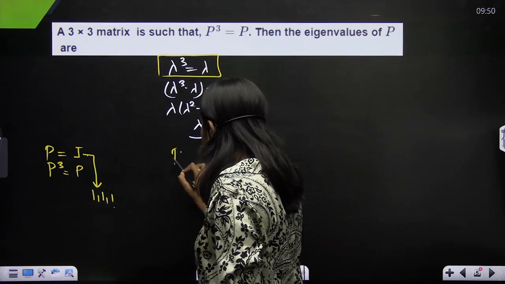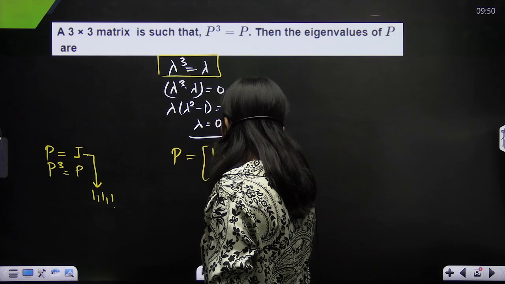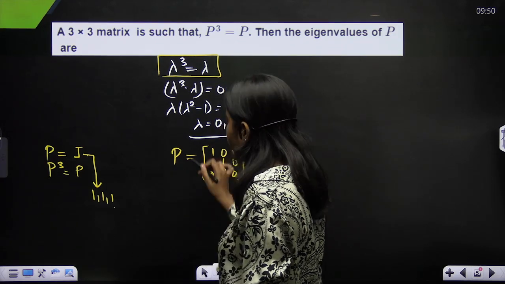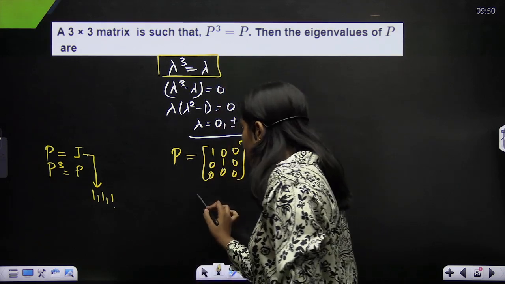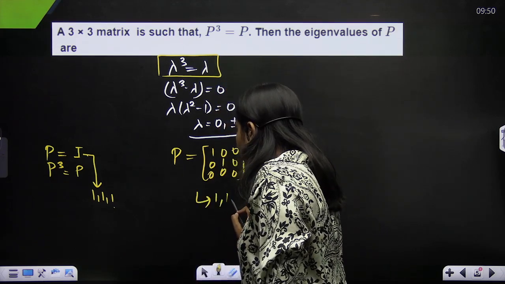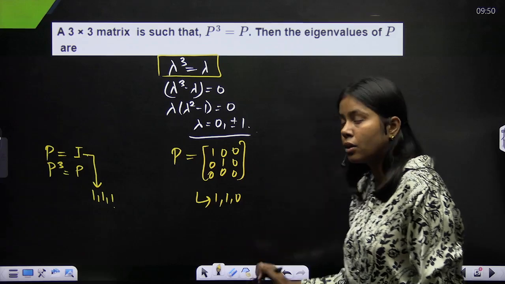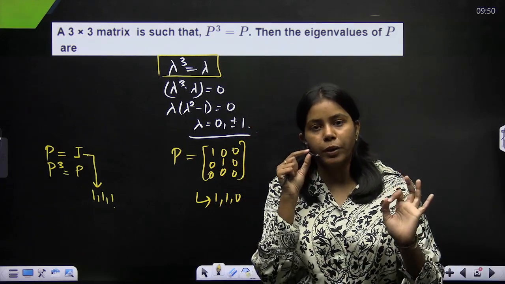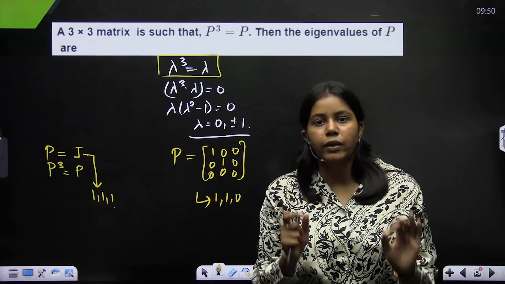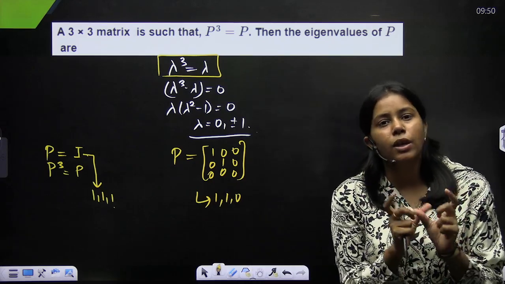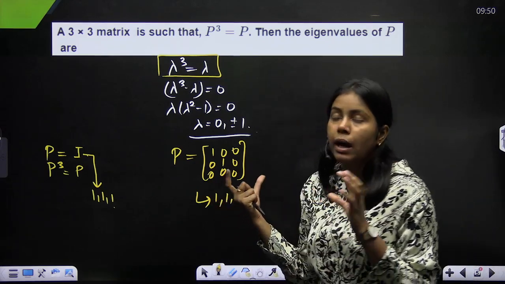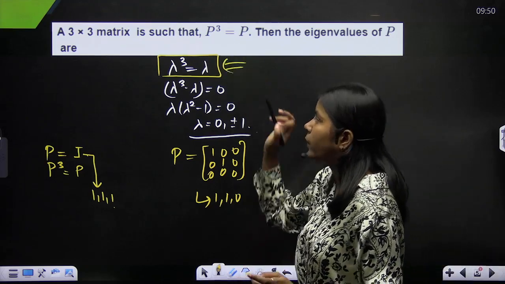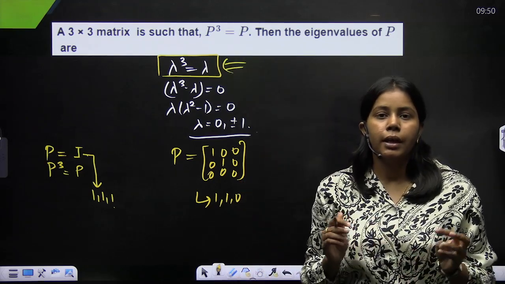Instead, if you take this matrix, 1 0 0, 0 1 0, 0 0 0, it would also satisfy P cube equals P. It has eigenvalues 1, 1, 0 because it is a diagonal matrix. So for any matrix satisfying P cube equals P, the eigenvalues would be either 0, 1 or minus 1, because those eigenvalues would satisfy lambda cube equals lambda.